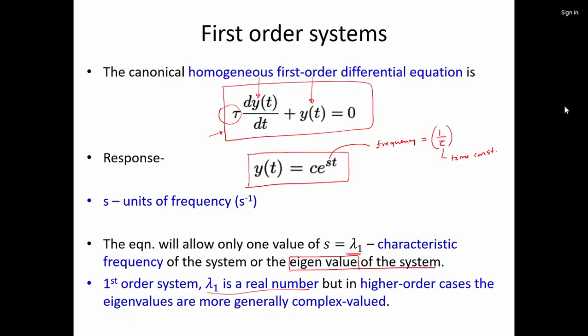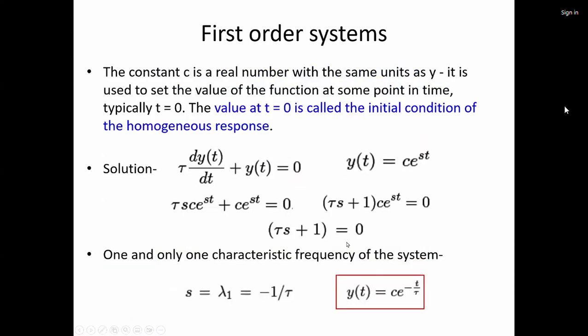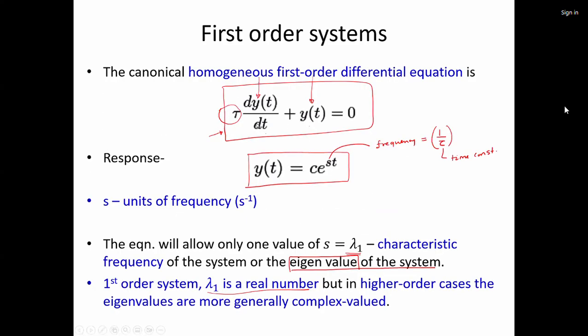So limiting to first order system, the constant c is a real number, because if you look at the solution to the first order equation, and take t equal to 0, let's say for temperature, you get temperature T varying with time as some constant times exponential of frequency times time.